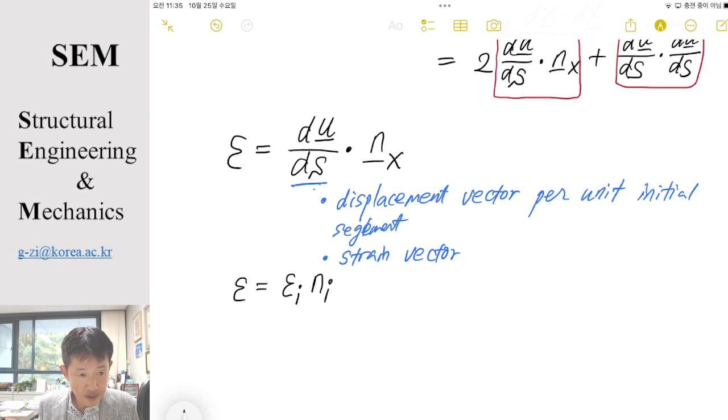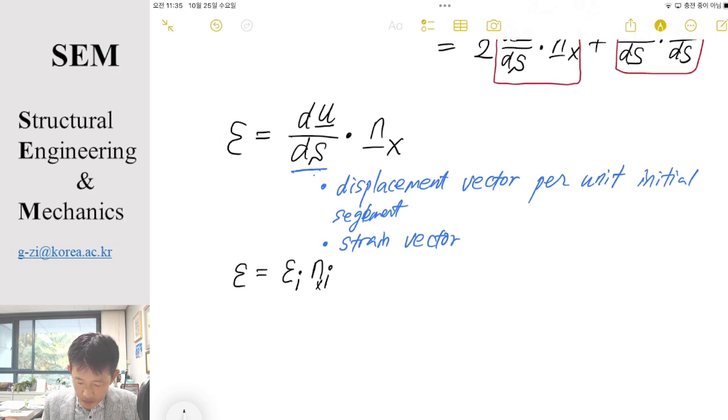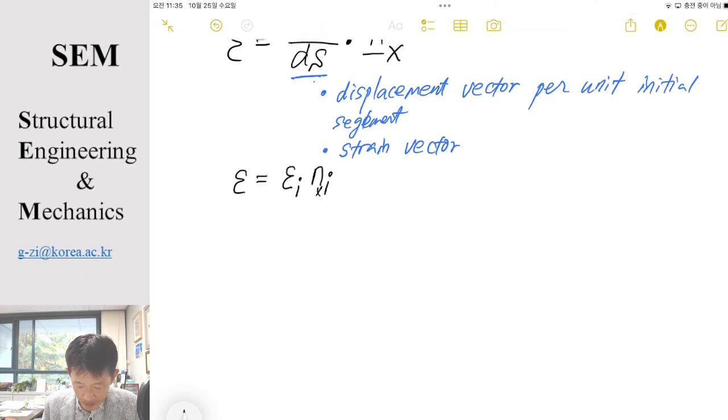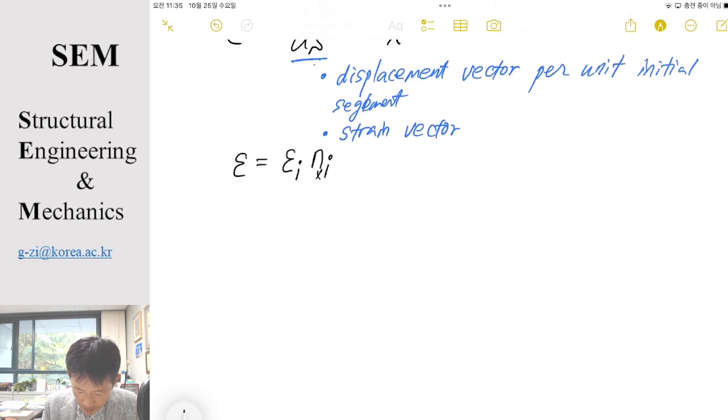The physical meaning of this, the fraction of strain, the fraction of length change, is the projection of strain vector into the initial direction here. Okay? So now let's talk about this strain vector furthermore in detail. So the strain vector is equal to du and then ds here.